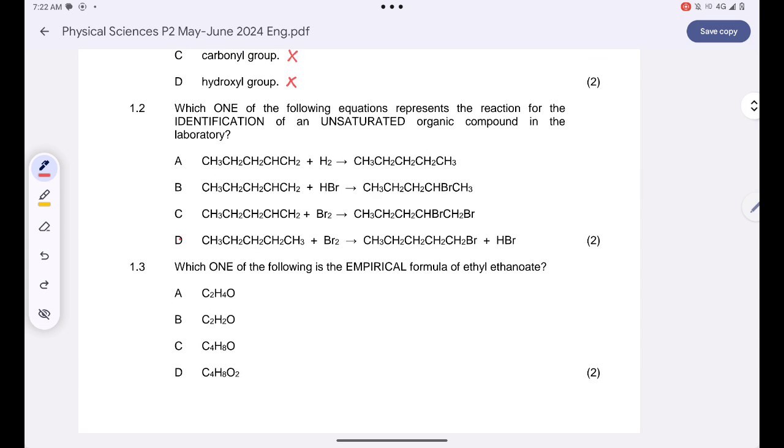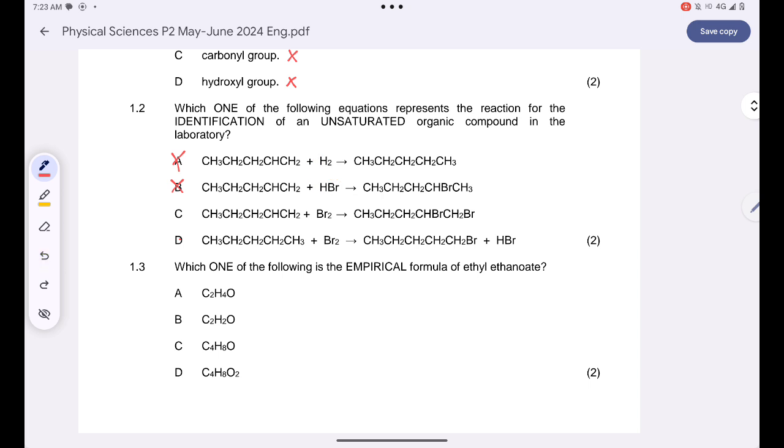Which one of the following equations represents the reaction for the identification of an unsaturated organic compound in a laboratory? To check whether our hydrocarbon is saturated or not, we need to react it with bromine water. So these two options are already incorrect because we are not reacting with bromine water.